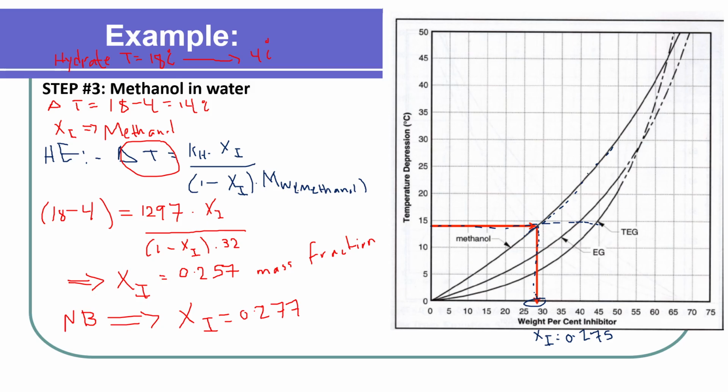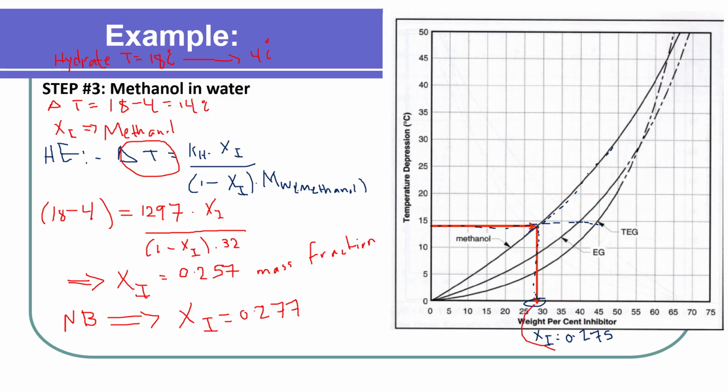that will be in the liquid phase, that will be bonded with water. So once the methanol binds with water, the fraction of the methanol in that water methanol mixture will be around 0.275 to 0.28 approximately. And from the chart, it's not even 0.275; it's around 0.28 approximately from the graphical.